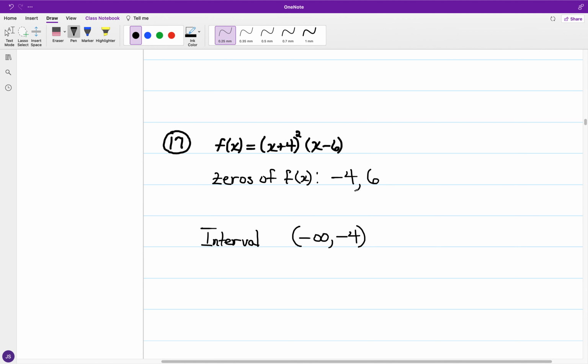Bypassing negative 4, next in line we have those values of x such that negative 4 is less than x is less than 6. And for the rest of the values, we have those greater than 6.